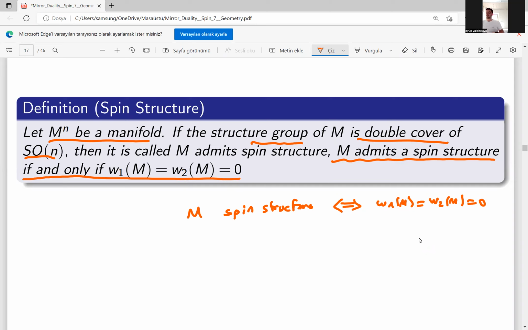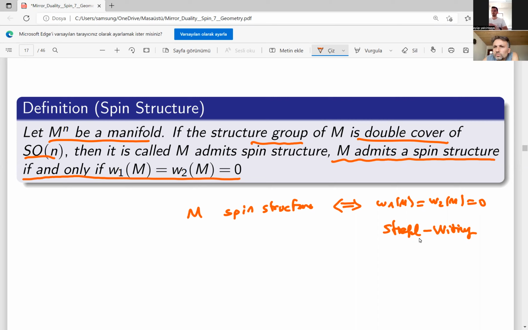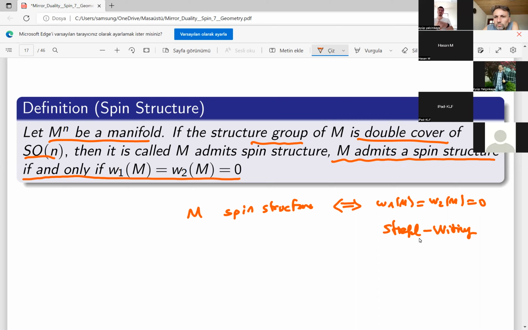w1 and w2 are Stiefel-Whitney classes. So these classes tell us how we glue your tangent bundle with respect to your manifold. So a little bit of topological information.